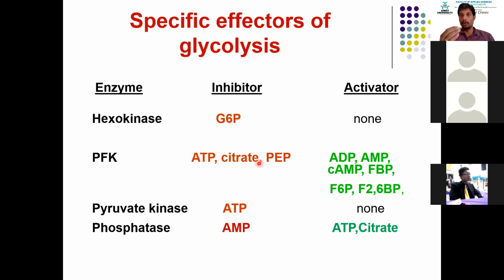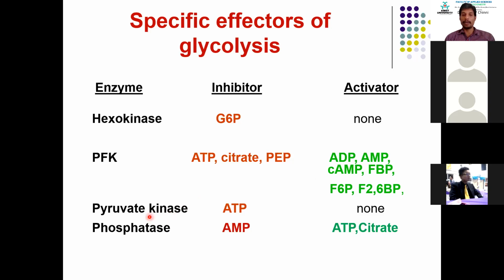So when more glycolysis is happening, more citrate forms, and when there is more citrate, it signals phosphofructokinase not to convert fructose 6-phosphate to fructose 1,6-bisphosphate. Excess phosphoenol pyruvate also inhibits phosphofructokinase activity. In contrast, when ADP or AMP is very high, that means ATP is low, and then phosphofructokinase will be activated.